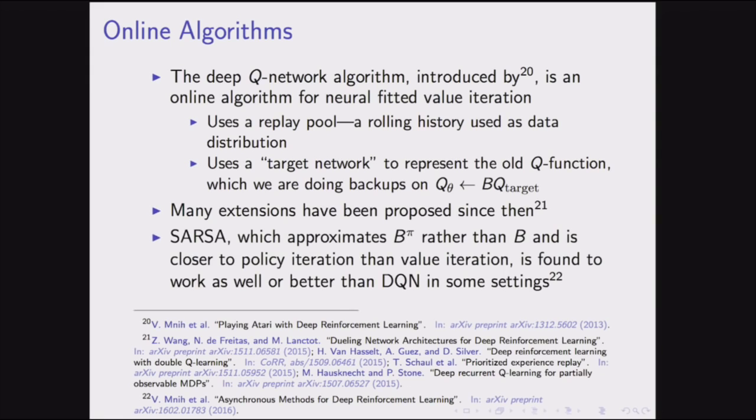And there have been many extensions proposed since then. I've got a bunch of citations at the bottom of the slide. So the DQN algorithm is using the backup B, which is the backup for Q star. Remember that I also introduced this other backup, B pi, which is the backup for Q pi.